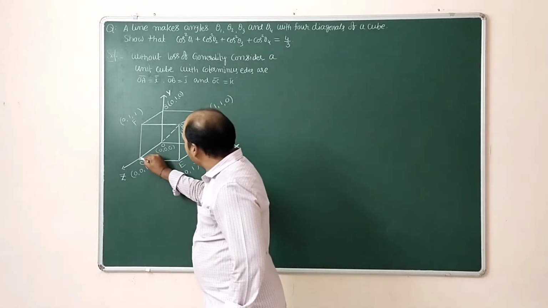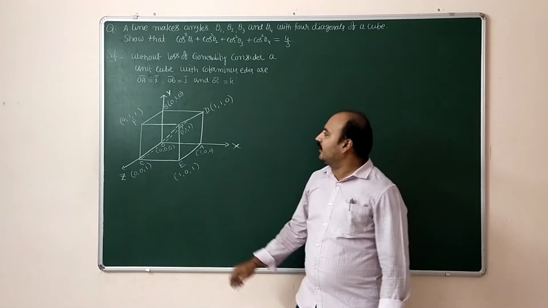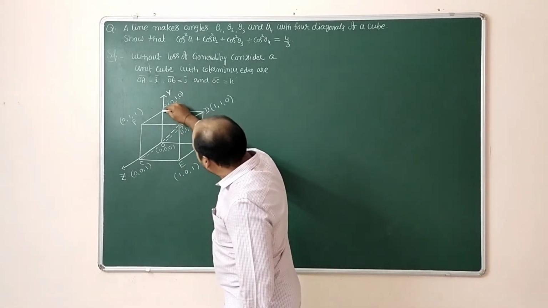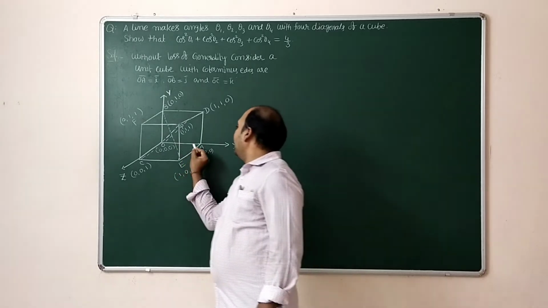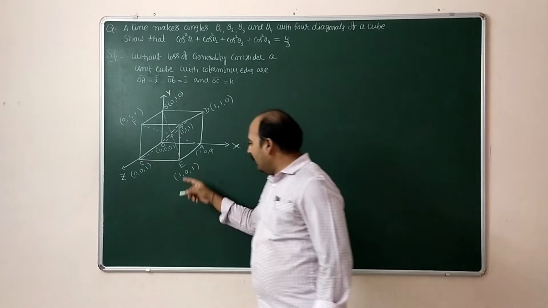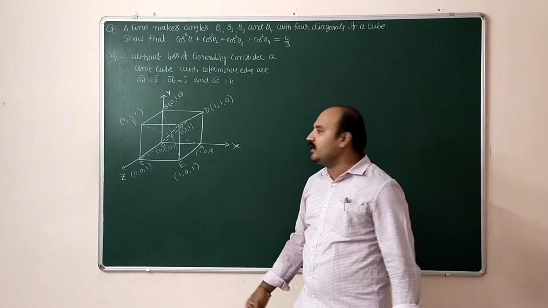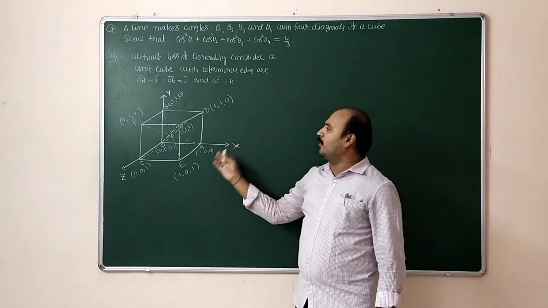Next, CD is another diagonal. Next, BE diagonal and AF diagonal. This is the way we have to remember. Here I will mention what diagonals we are taking, the diagonals of a cube. If you want, you can write comments also.